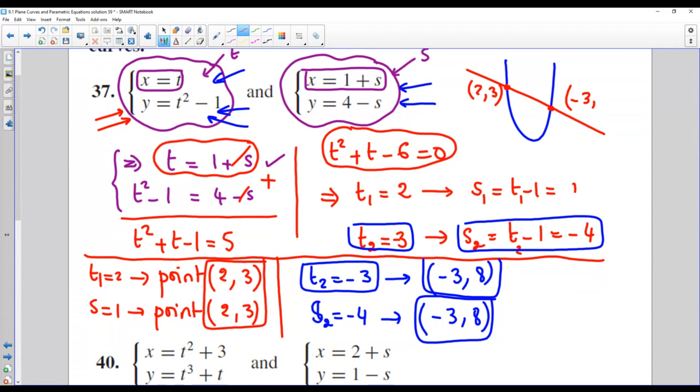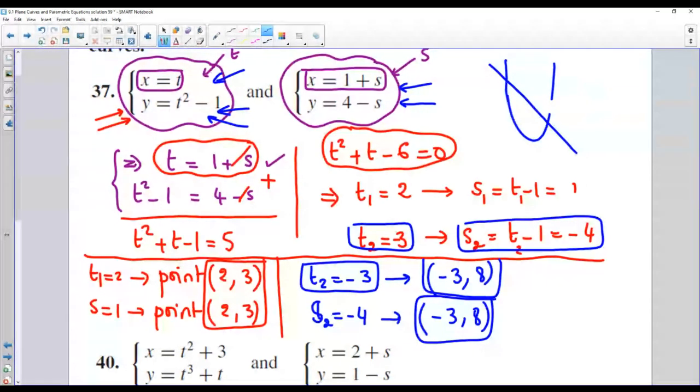Maybe it will be the other way around. Anyway, it's going to be going the other side, perhaps 2, 3, and then -3, 8, and 2, 3.